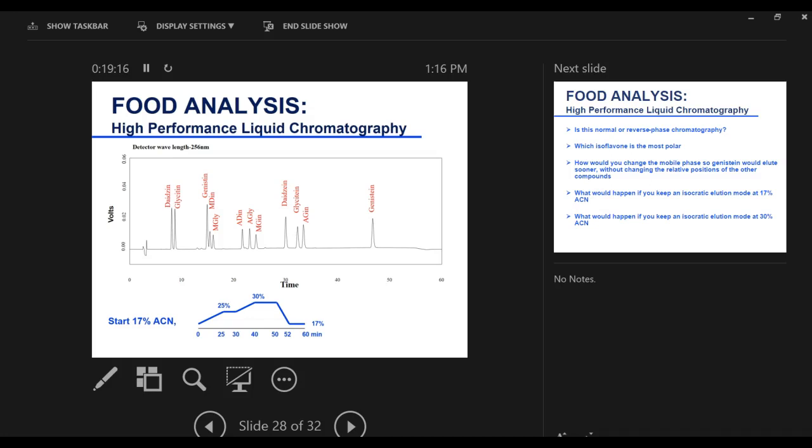So since everything comes out before my 40 minutes, so instead of just reaching 30% here, I can keep going after 40 minutes instead of keeping it at 30%. I can, let's say, go up to 40%. Then this would come out sooner. And then my analysis time will be cut by 10 or 15 minutes. All right? Good.